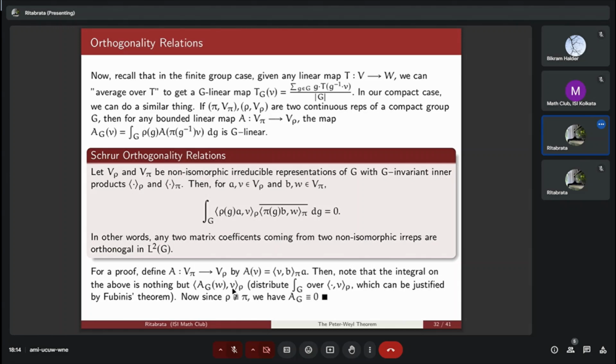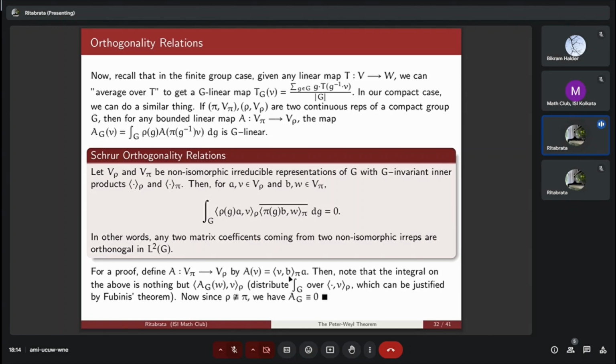It's easy to prove. Now, since V_pi and V_rho are non-isomorphic representations, A_G is a G-linear map between them, so it cannot be an isomorphism. It must be the zero map by the previous Schur's lemma.